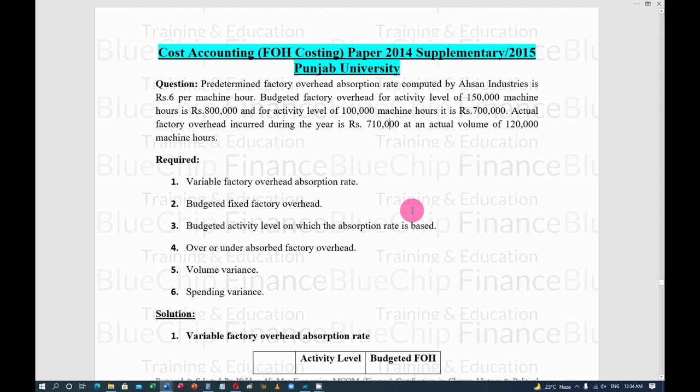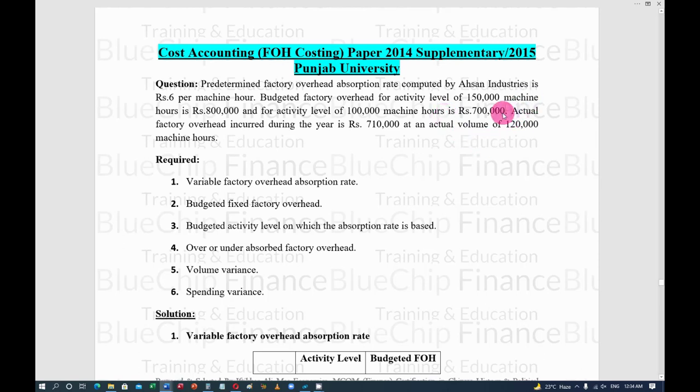Next question for the high-low method is taken from the papers 2014 supplementary and 2015. In both these papers, this question appeared. The predetermined factory overhead absorption rate computed by SN Industries is rupees 6 per machine hour, and budgeted factory overhead for an activity level of 150,000 machine hours is 8 lakh, and for an activity level of 1 lakh or 100,000 machine hours is rupees 7 lakh.